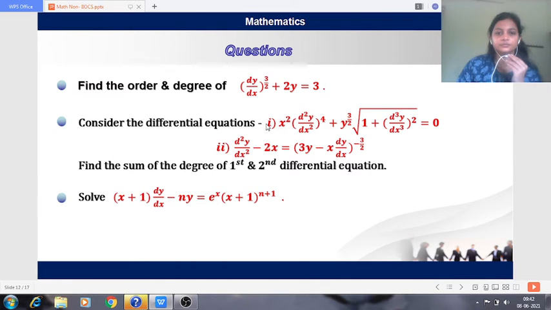The first equation is x squared (d2y/dx2) to the power 4 plus y to the power 3/2 equals the square root of (1 plus (d3y/dx3) whole squared) is equal to 0, and the second equation is d2y/dx2 minus 2x is equal to (3y minus x dy/dx) to the power minus 3/2. Now the question is: find the sum of the degrees of the first and second differential equations.